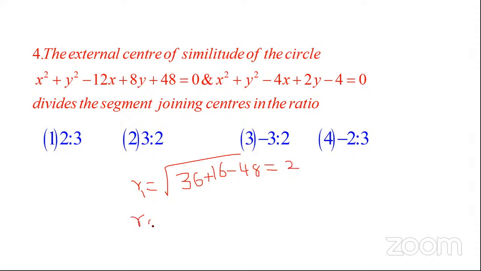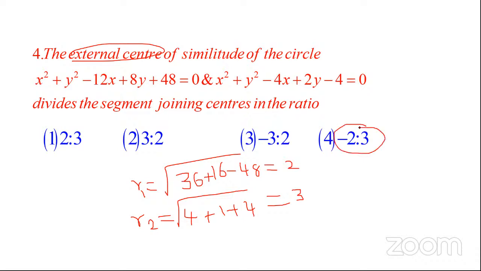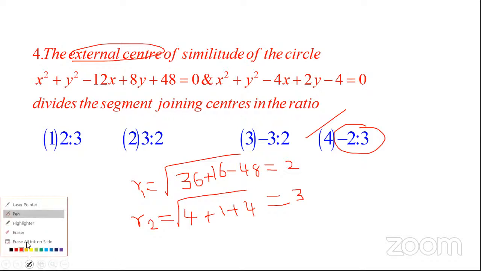Then R2: under root of 2 square is 4 plus 1 plus 4, so this is equal to 3. Then this value is minus 2 is to 3. Externally means a negative value. External means negative value. Then minus 2 is to 3 is the correct option. Okay.